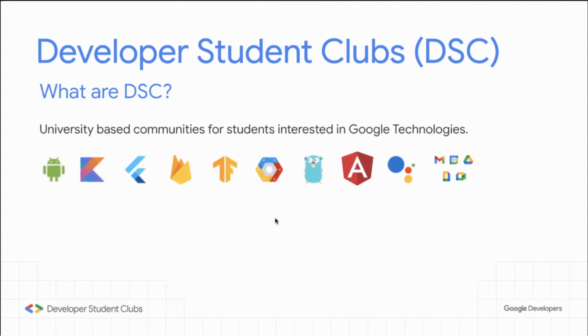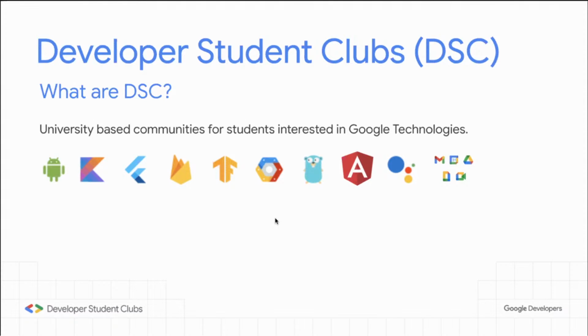What Developer Student Club does is it helps to bridge the gap between theory and practice. So how does it help to bridge the gap between theory and practice? It does this by encouraging a peer-to-peer learning environment, by hosting events, workshops, hackathons, study jams, and helping student developers to grow their knowledge in different areas of technology and even in non-technical fields.